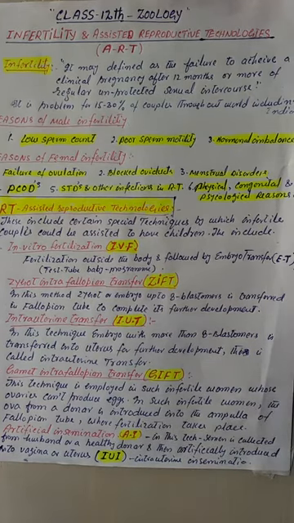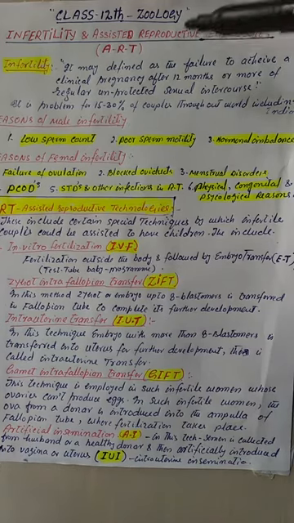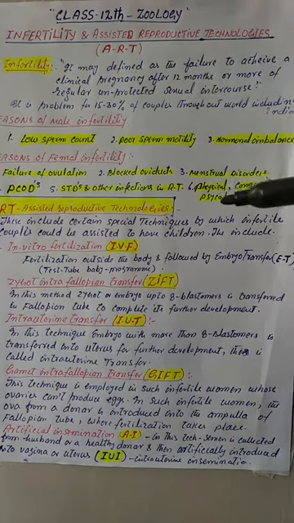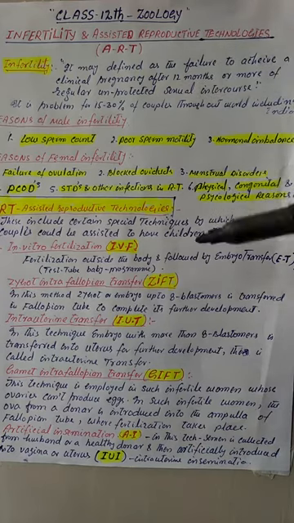Now, these are the current options to assist infertile couples. Though the options are many, all these techniques require extremely specialized professionals and expensive instrumentation. Therefore, these facilities are presently available only in very few centers in the country.